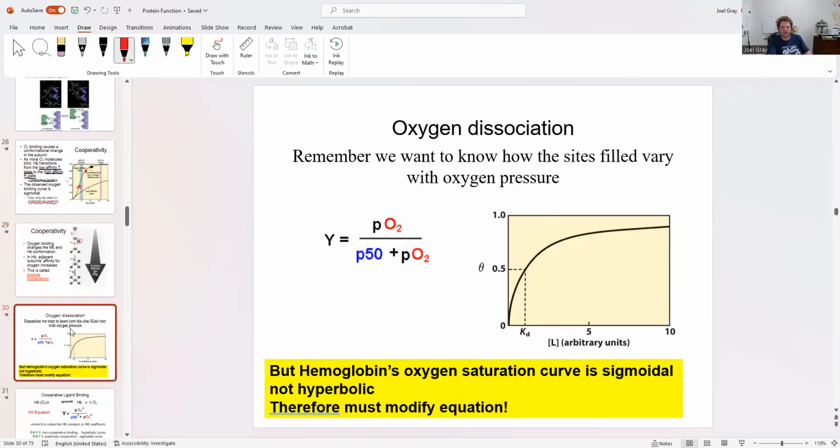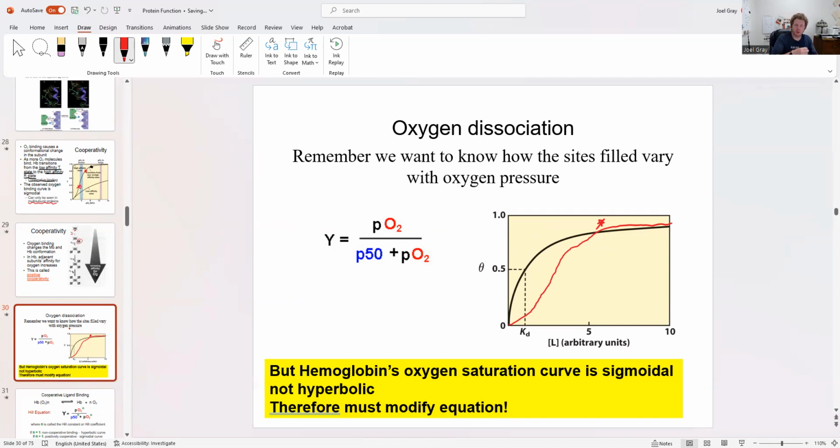So that's going to make the oxygen binding curve for hemoglobin have a different shape than that of myoglobin. Here we've got myoglobin, and it goes up pretty fast, but then it plateaus. With hemoglobin, it doesn't go up very fast, and then it plateaus. It does the same thing, but it doesn't go up very fast.